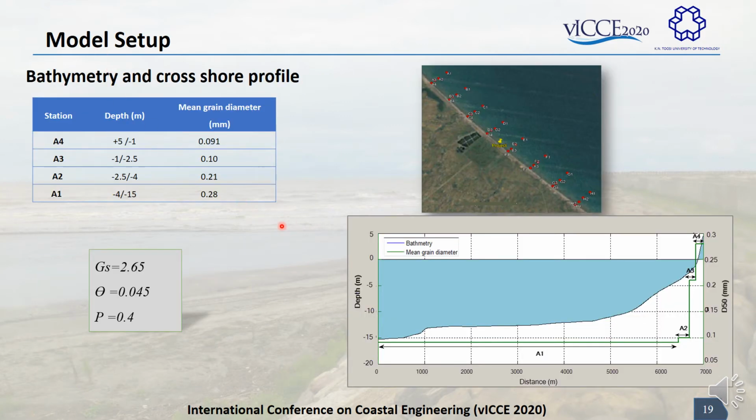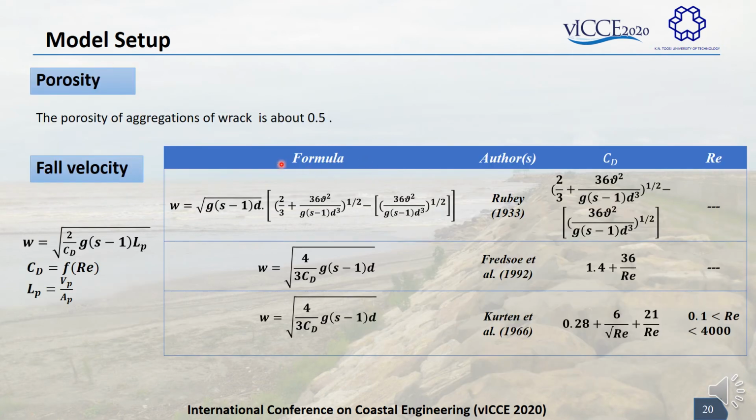Here we can see the bathymetry of a cross-shore profile and 4 zones for sediment aggregation, A1 to A4. The porosity of aggregation of wrack is about 50%, and for determination of fall velocity and Shields parameters, we use specific formulas, and you can see them here.